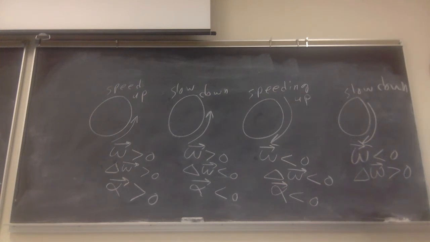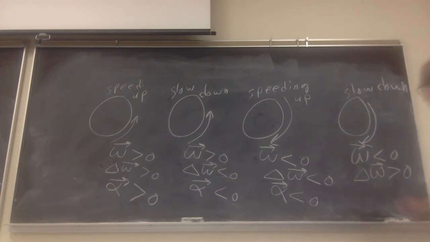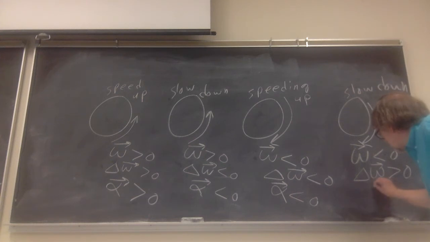That is, you're moving slower in the negative direction, whereas before you added this on, you were moving faster in the negative direction. And again, velocity added on and acceleration point in the same direction.